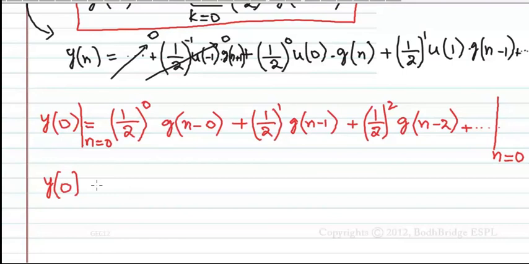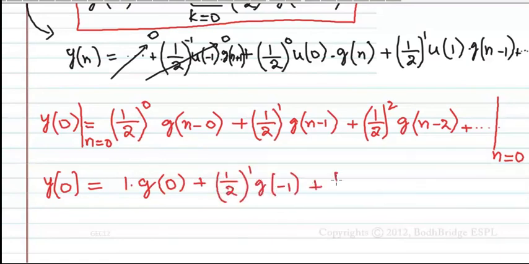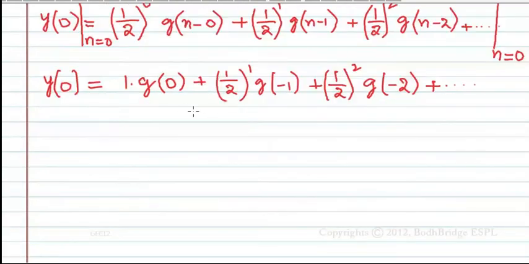Then y of 0 gives 1 by 2 whole power 0 is 1 into g of n is 0. Therefore, g of 0 minus 0 is g of 0 plus 1 by 2 whole power 1 into g of minus 1 plus 1 by 2 whole square g of minus 2, since n equal to 0, and so on. Causality statement: he has given g of n is causal.